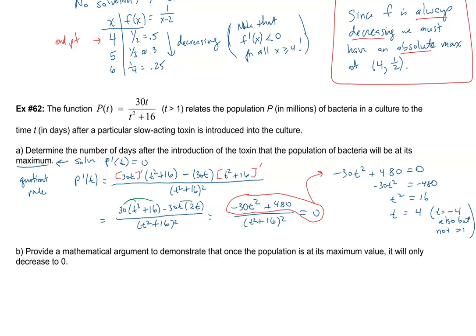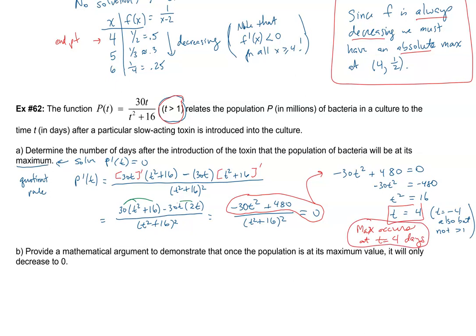So solving the top part equal to 0, and subtracting over the 480, dividing, I get t squared equals 16, which has two solutions, t equals 4 and t equals negative 4. But remember that we were told that t had to be greater than 1, because we're talking about a number of days. So t equals 4. The max occurs at t equals 4 days in particular.